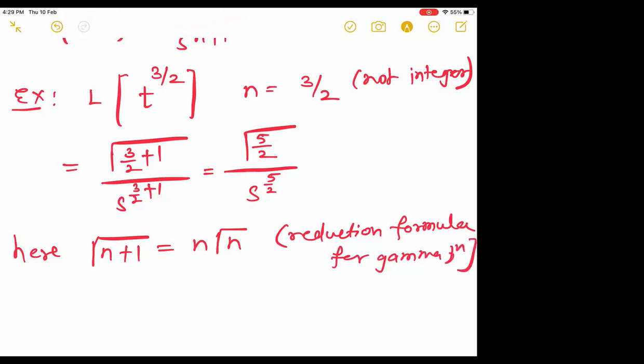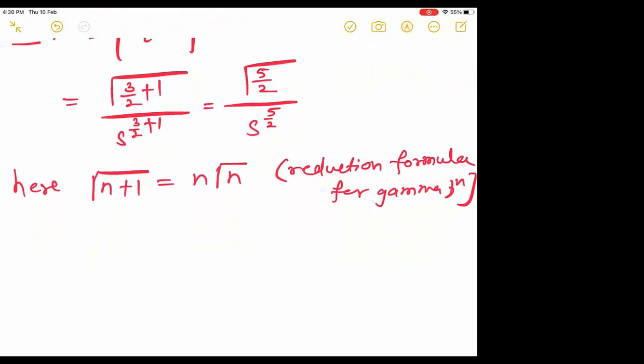Okay, and when you write n into gamma n, you should know the answer for this also. So again, gamma of n can be written as n minus 1 into gamma n minus 1. Is it correct? Are you following or not?